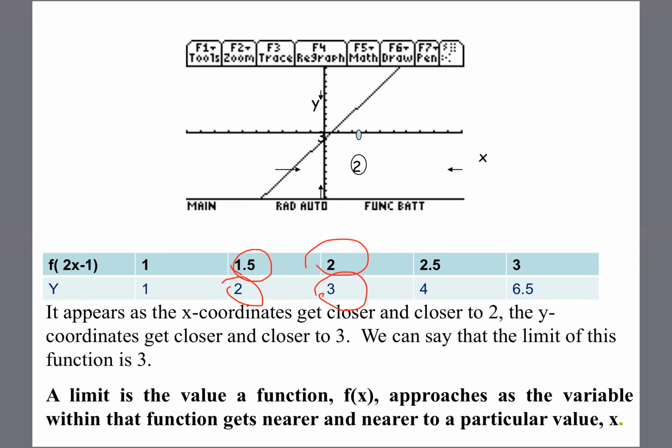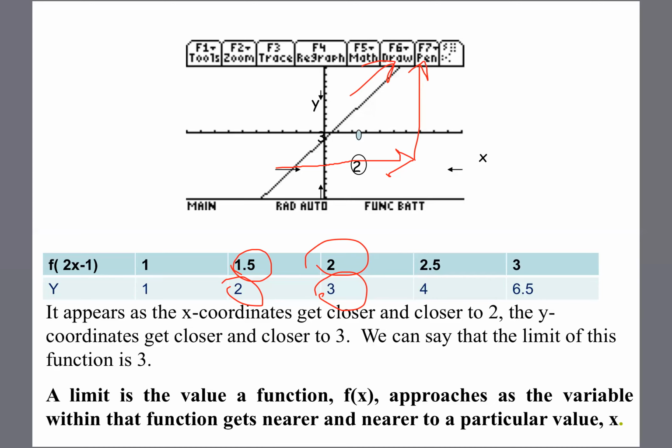Okay. So then when our x increases for this particular function, our y also gets a higher value. Okay, you can see it.